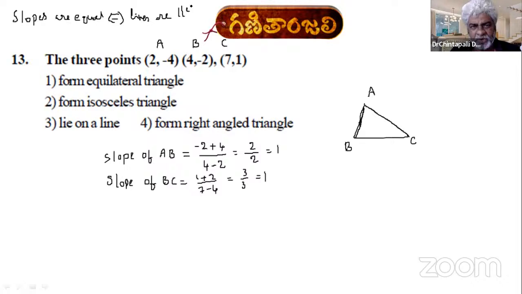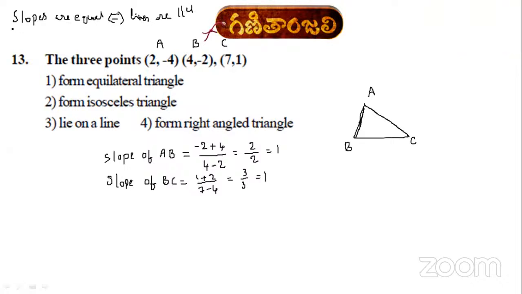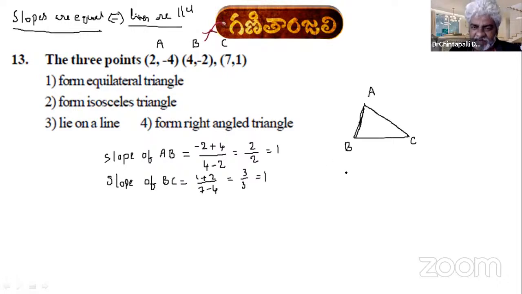This is the parallel symbol, you know. In any triangle, it is possible to have perpendicular sides. For example, it is a triangle and these two sides are perpendicular.